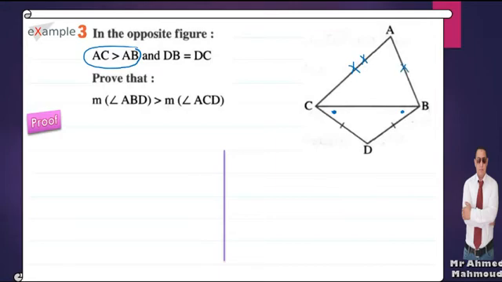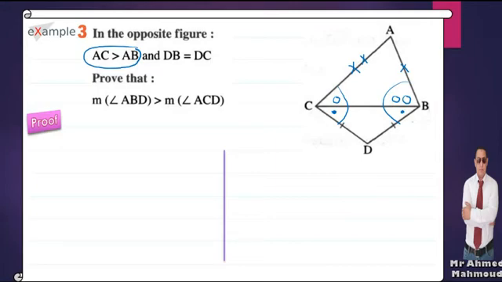The big side is opposite to the big angle, and the small side is opposite to the small angle. Finally, angle ABD is greater than angle ACD because angle ABD is formed from a big angle and an equal angle, and here a small angle and an equal angle.